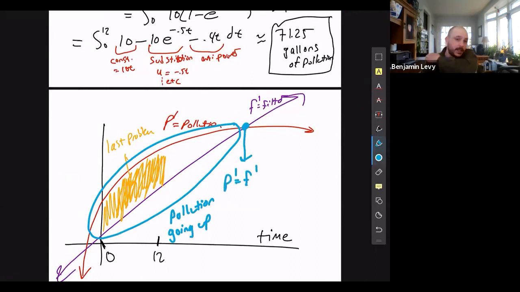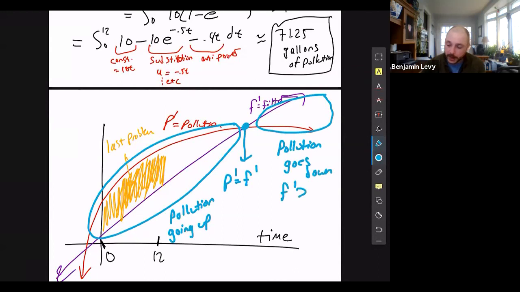The two rates are the same. Whatever's going in is immediately being removed. And so that means that at the other side, the filtering's higher, right? And so the pollution is going to be going down at that point, because the filtering rate is bigger than the intake.